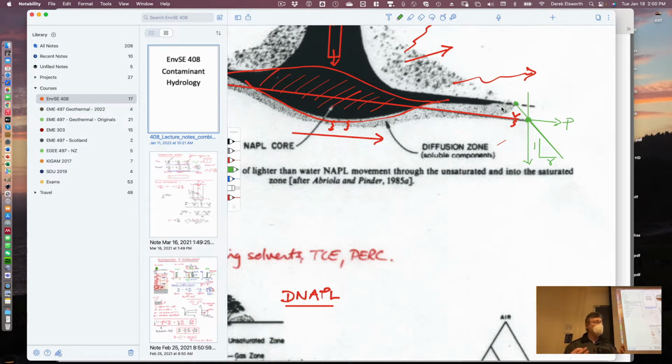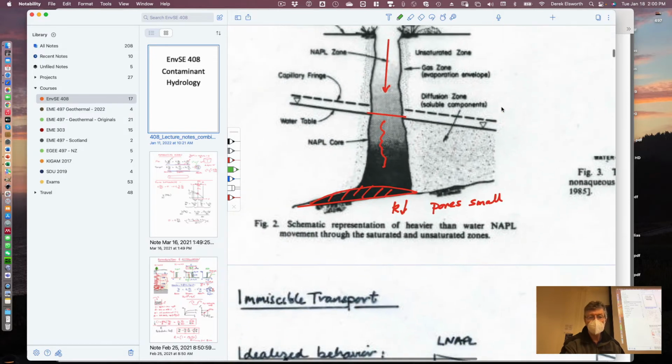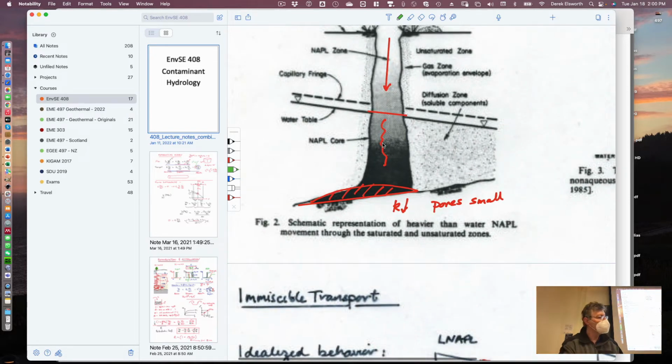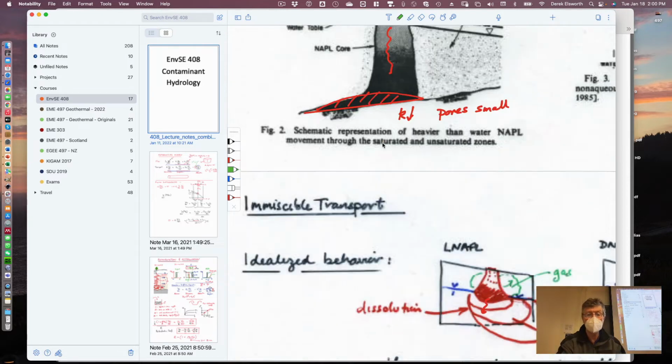And so our interest in this is to understand multiphase flow where the system is water and air in the vadose zone, but it's also to understand multiphase flow where the system may be water and NAPL both taking up the same pore space. And so we can use these concepts of capillarity to be able to say something about that. So that's kind of where we're going with this.